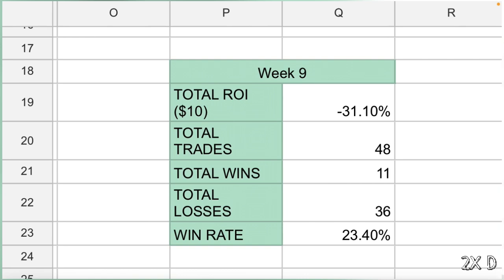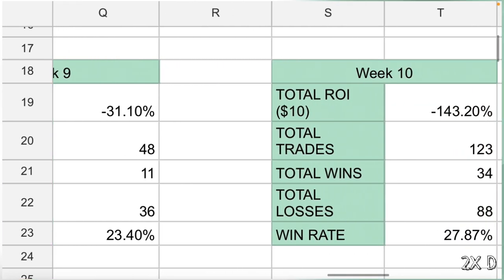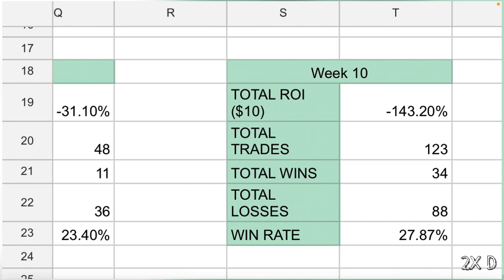55 minus 3 is what? 52? Cool, 52, right? 55 minus 5, and then minus 3 gives us 52.5.